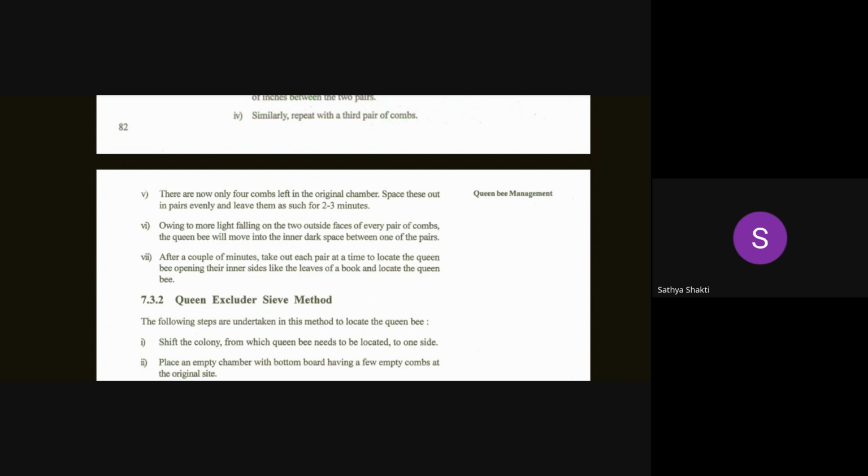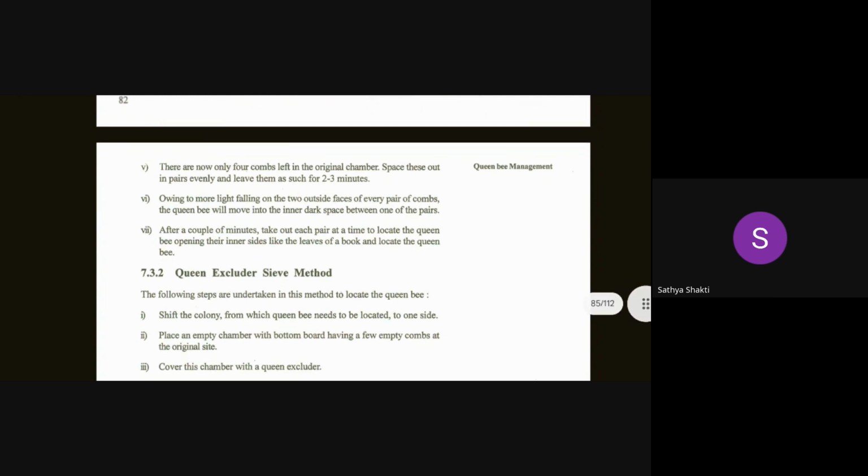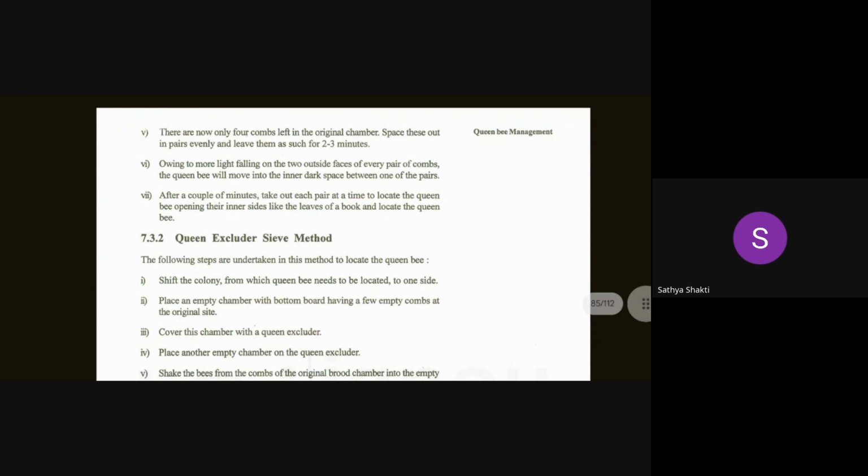One will be empty. And owing to more light falling on the two outside faces of every pair of combs, the queen will move to the inner dark space, the space between one of the pairs. That means 2 combs at one place will be there, and the queen will move to the darker place.